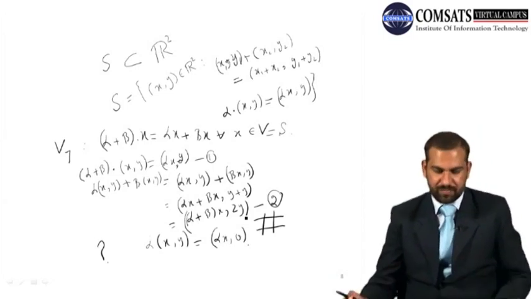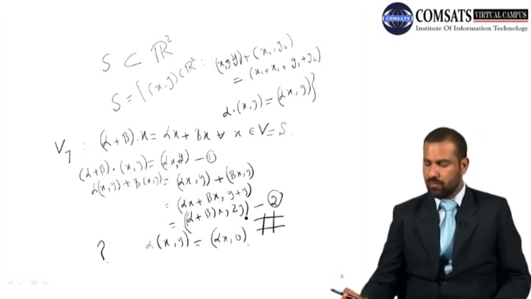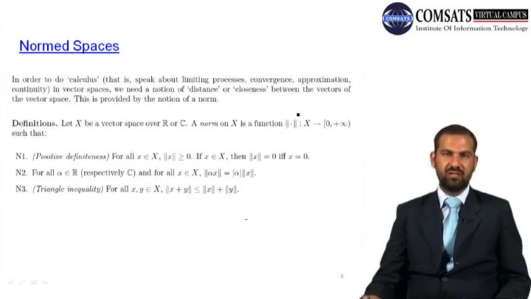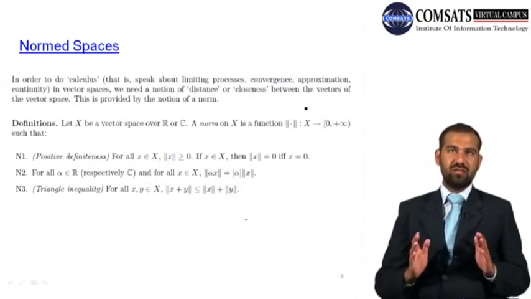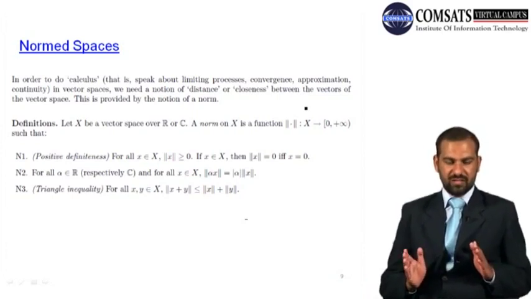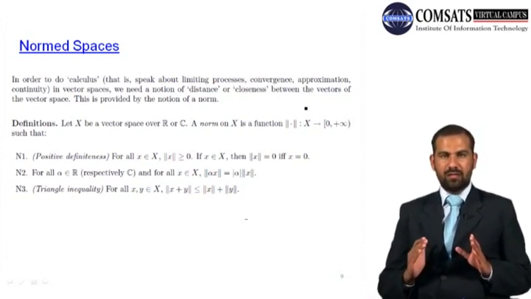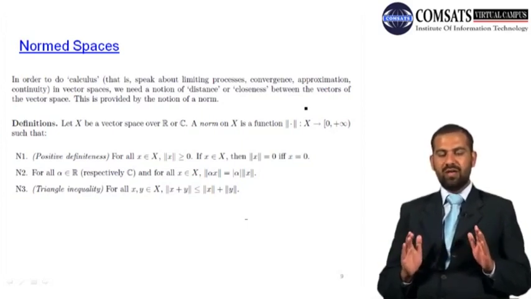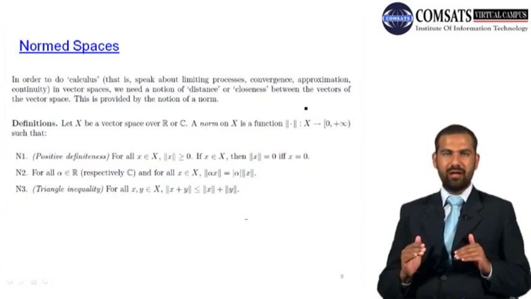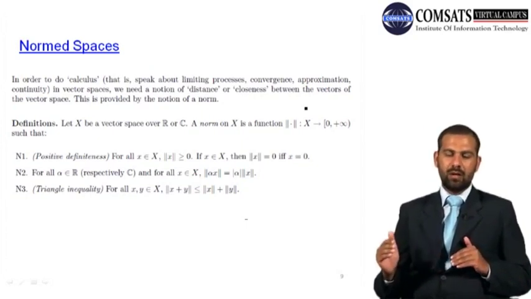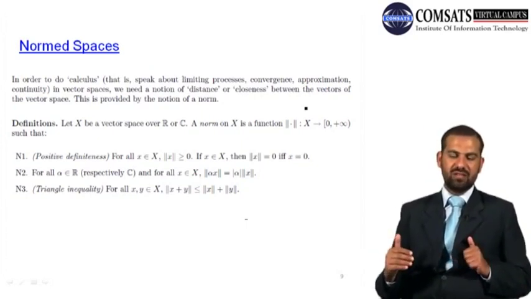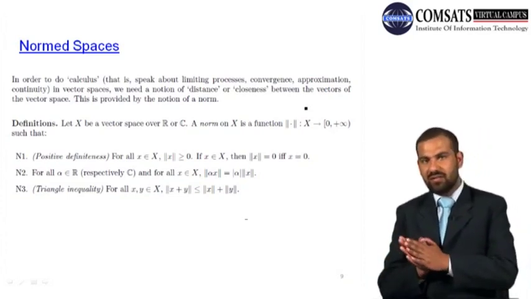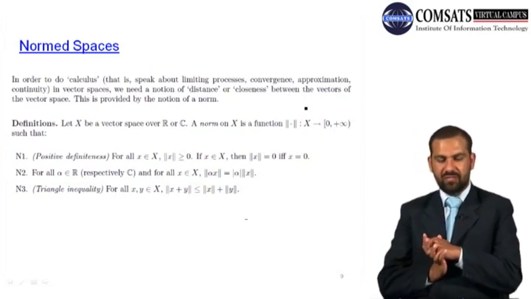Now we move on to the next topic, that is normed spaces, very important spaces. Normed spaces we mostly discuss for convergence. For instance, in calculus we have different problems regarding limiting processes, convergence, approximations, continuity, derivatives, and we face these kinds of things in our vector spaces.